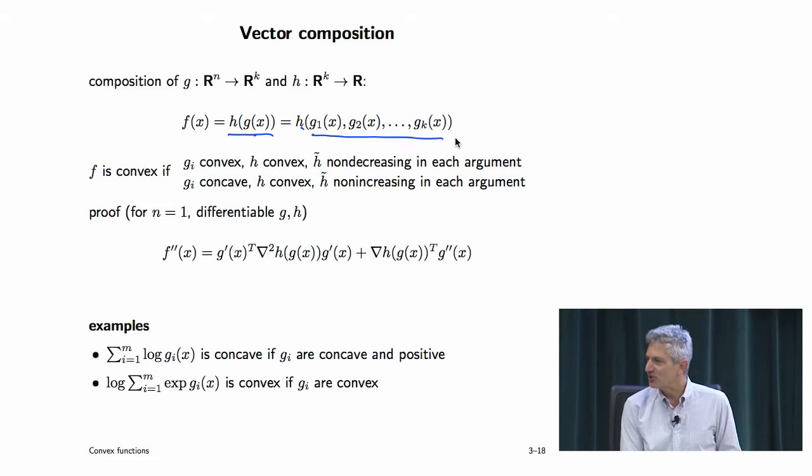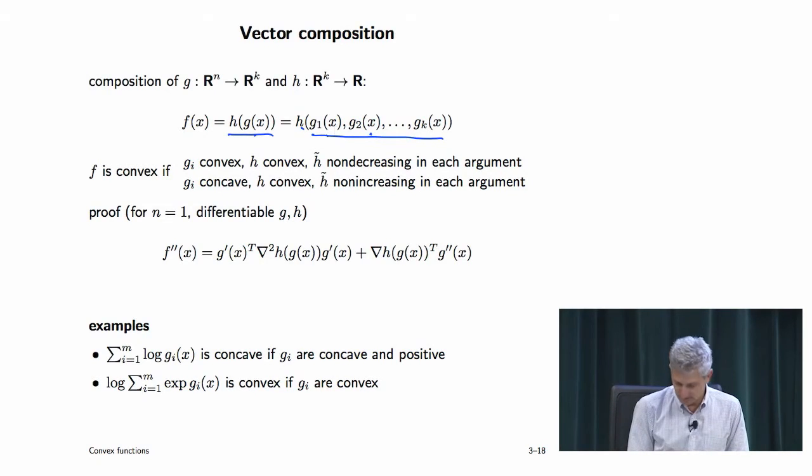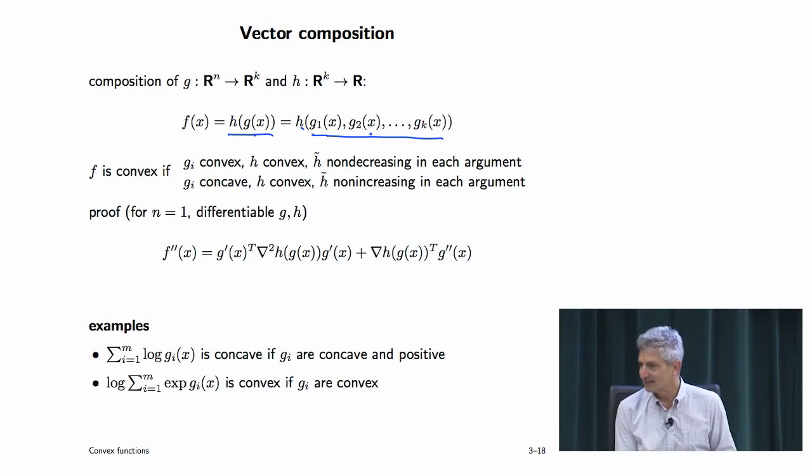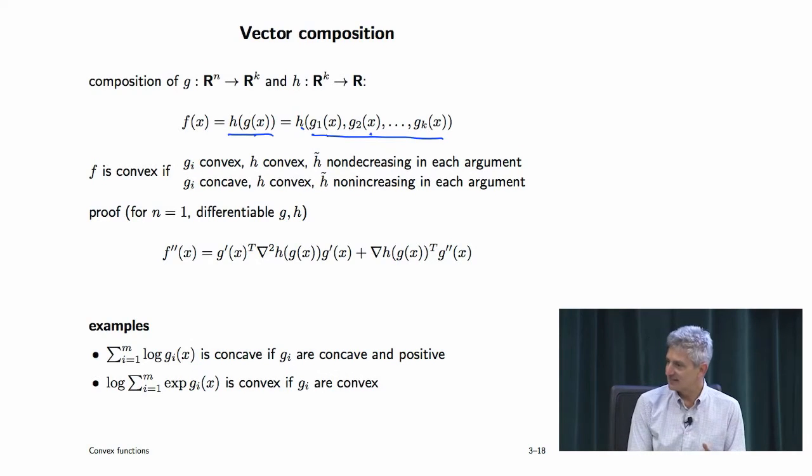These are the two simple versions, but then I'll give you a completely general version. The simple version is that each of these arguments is convex, and h is increasing in each argument. In fact, it's h tilde, the extended-value extension, the natural extension.